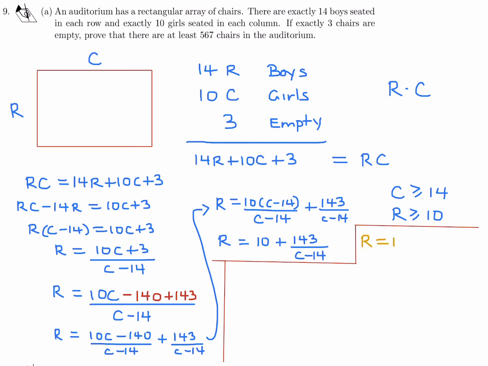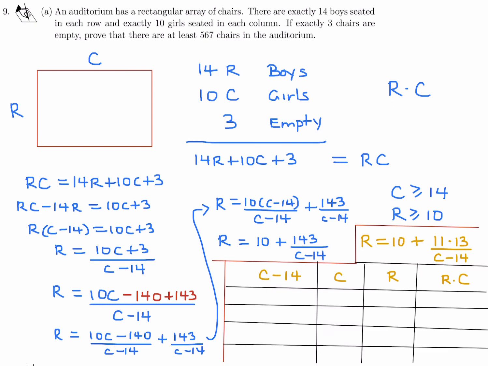R is equal to 10 plus 143, but that's 11 times 13, all over C minus 14. That means that C minus 14 has to divide into 143 in some way. So let's make a table. Let's figure out what is C minus 14, our possibilities, and then what is C, and then what is R, and then finally what is R times C.